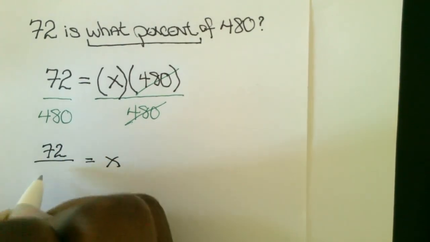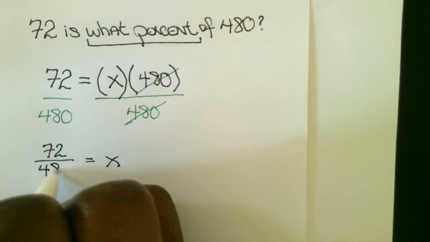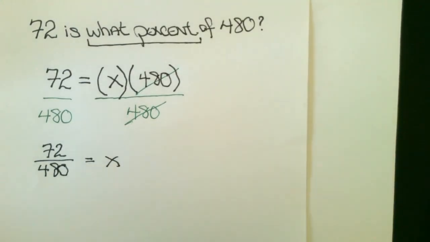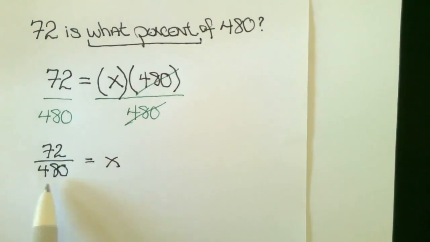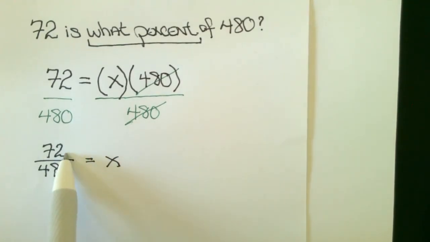Well, 72 and 480 are both even numbers. So I know I can get my 12s into the 72. But knowing that multiplication, you can either keep reducing it by 4s or reducing it by 2s until you get to an answer, or I like to play around with numbers.